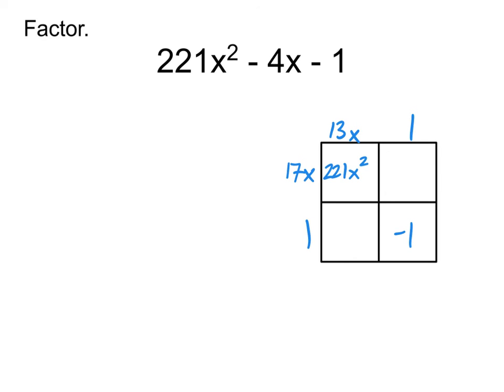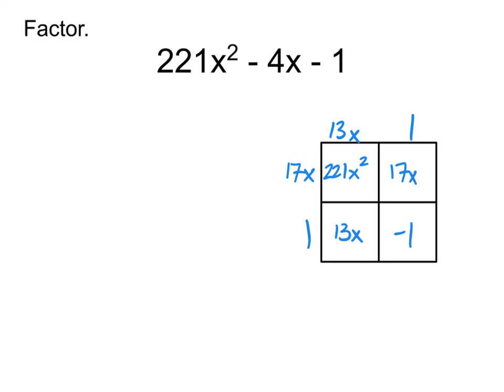Now notice, both 13 and 17 are prime numbers. So the only way that this is going to work is either going to be doing 13 and 17 or 221 and 1. But 221 times 1 is a lot less likely, so I'm starting with the 13 and 17. Now, I try multiplying those through. So that gives me 17x. This gives me 13x. It looks like I can make those 4 apart. I want it to be a negative 4.